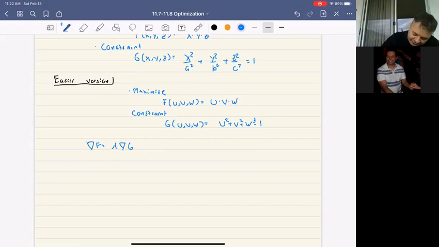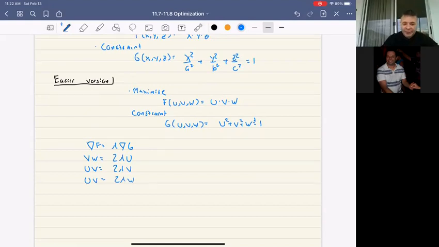Okay, so we get vw equals 2 lambda u, uw equals 2 lambda v, uv equals 2 lambda w.